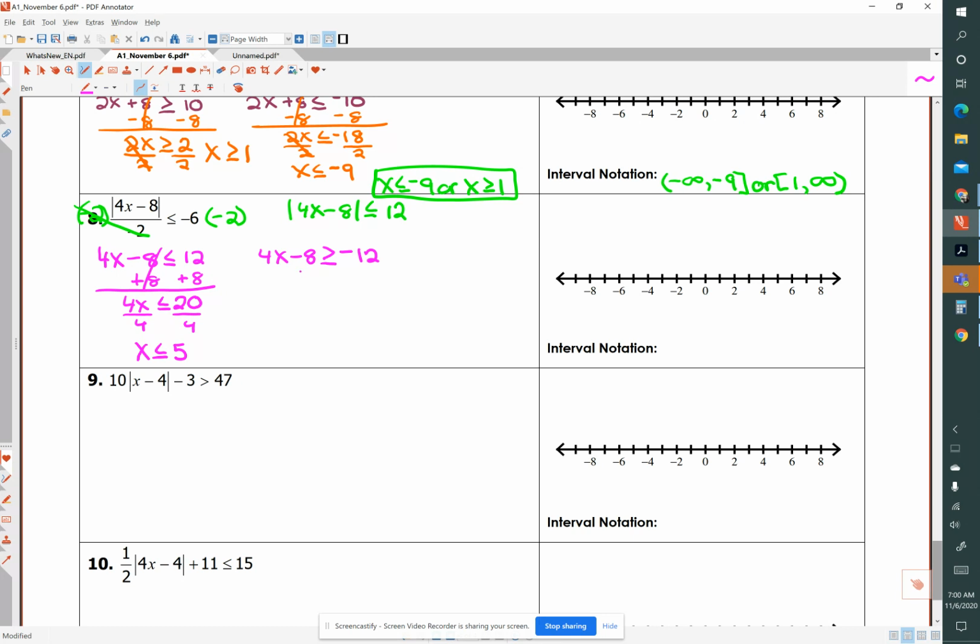On the right side inequality, again, we will add 8 to both sides, which gives us 4x is greater than or equal to negative 4. And we'll divide both sides by 4, which gives us x is, we didn't divide by a negative, no flipping, greater than or equal to negative 1. So x is greater than or equal to negative 1, or x is less than or equal to 5.